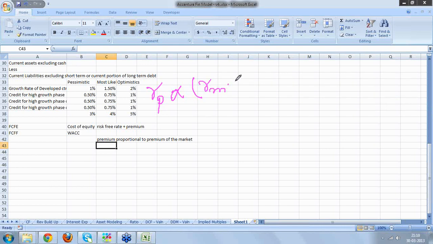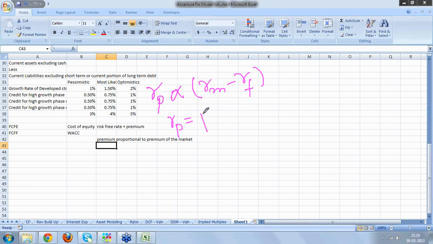The premium of the market is RM minus RF. RM is the return of the market, RF is the risk-free rate. So the premium that the market is offering is RM minus RF. How should I convert this proportionality into equality? The only thing I need to build in is the correlation between the premium of my own stock and the premium of the market.